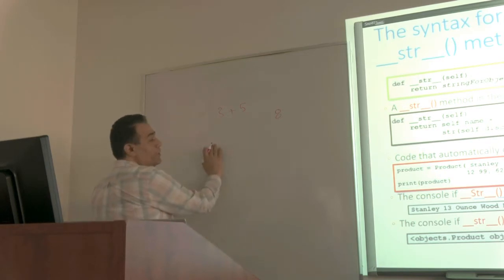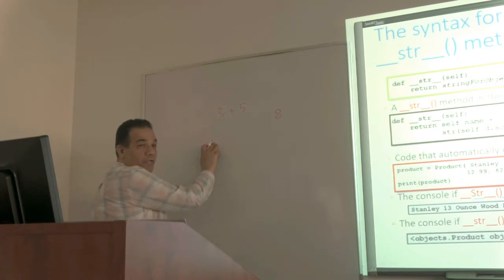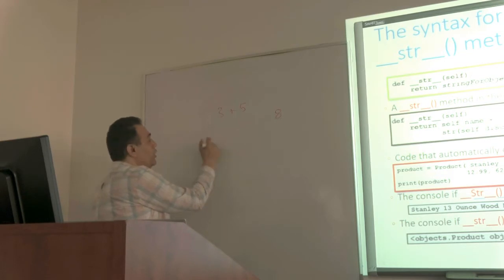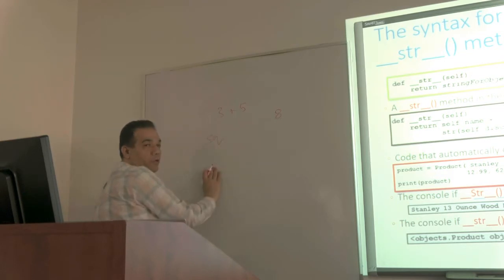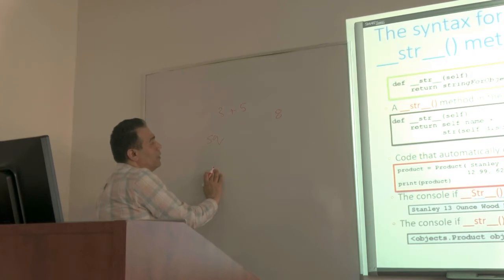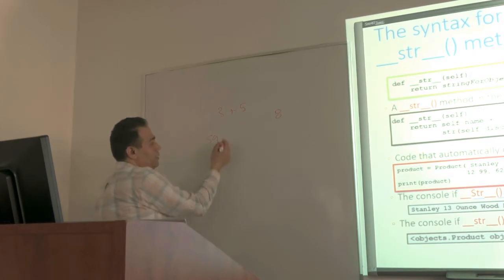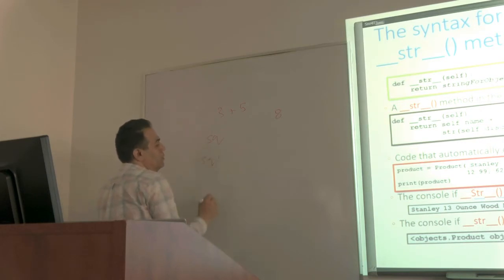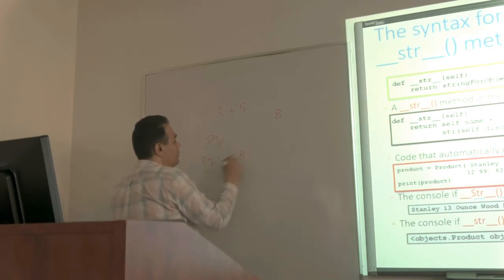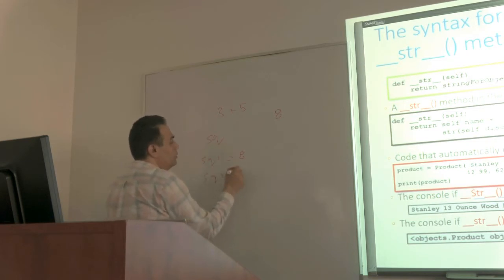If I have an object, for example, a class called square. Let's say square 1 equals 8 and square 2 equals 20.